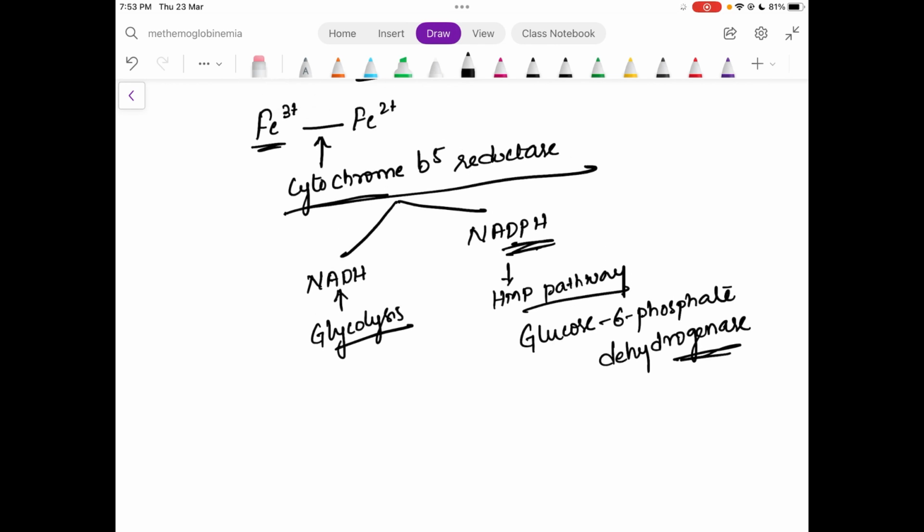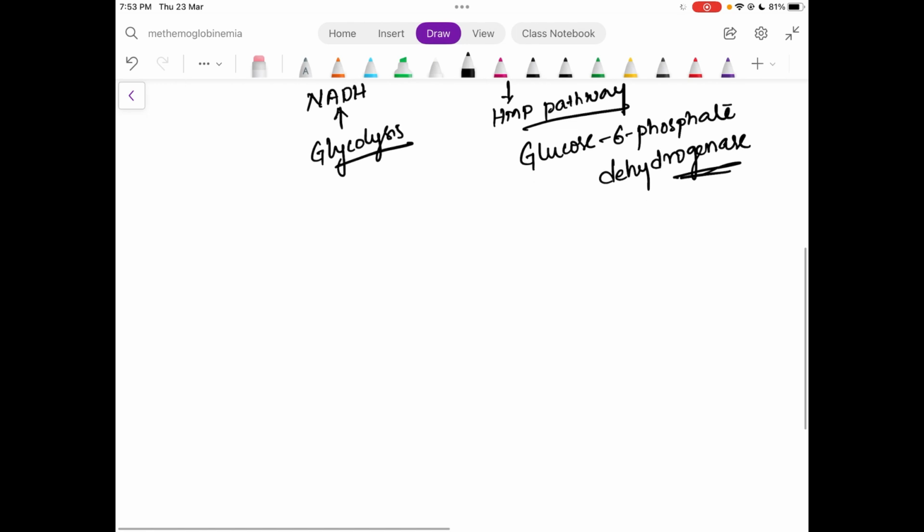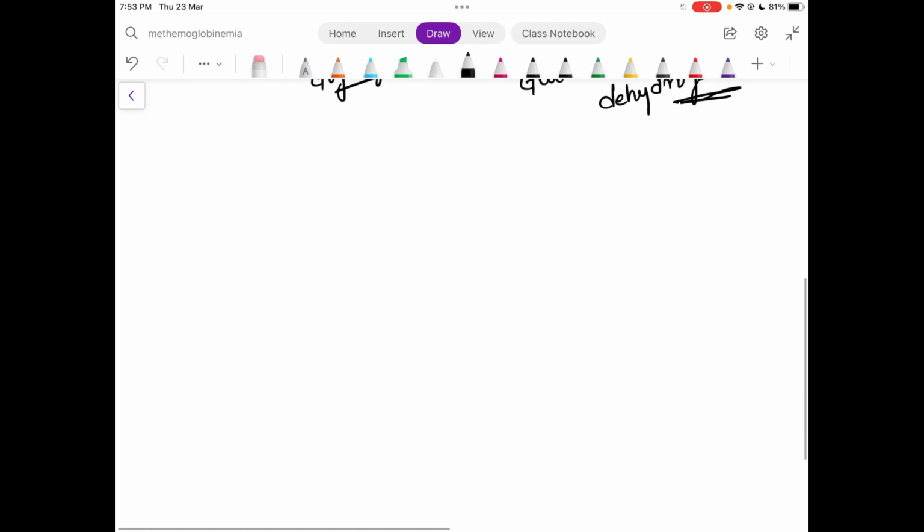So this enzyme helps in reducing Fe3+ to Fe2+ and which prevents methemoglobin formation.